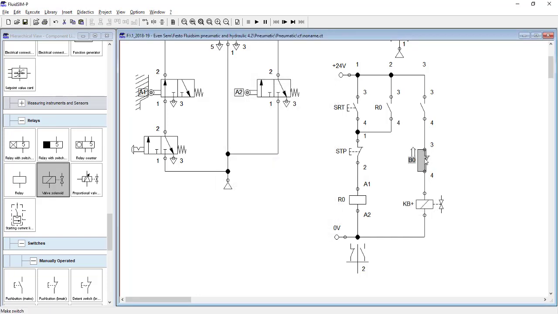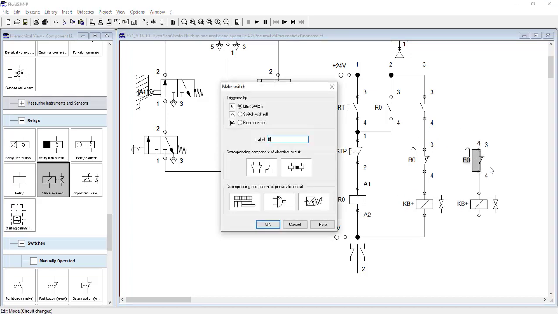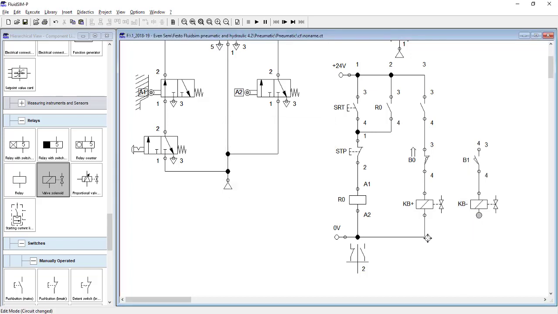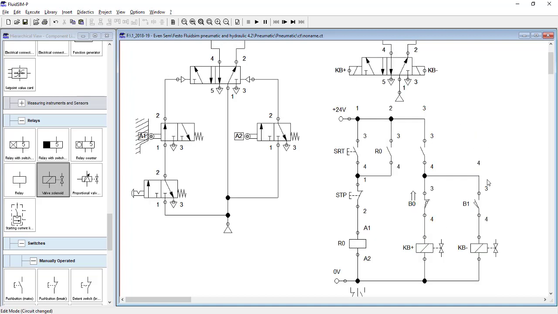And similarly, I have to do it for B1 and KB minus, right? All these things will be explained to you in some time, right?